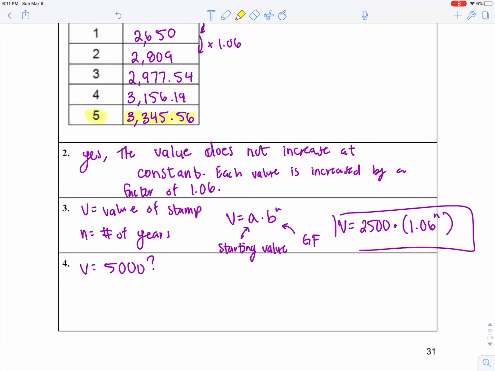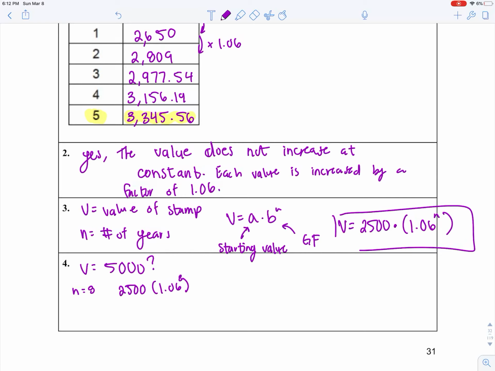So I'm going to say 1.06. So showing my work here. Shouldn't write in highlighter. There we go. I'm going to say when n is equal to 8. So I'm going to do 1.06 to the 8th power, and then multiply that by 2,500.